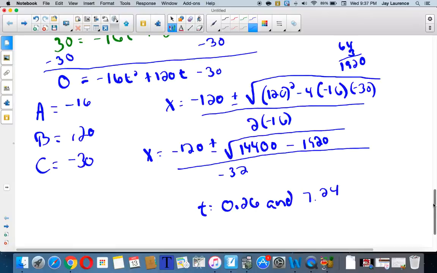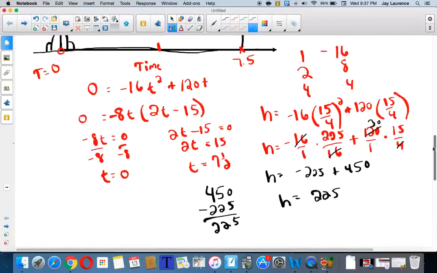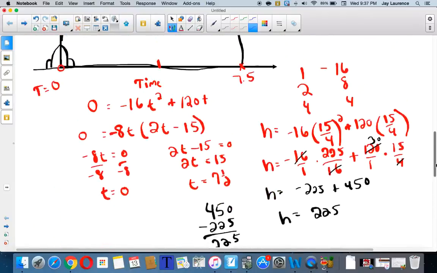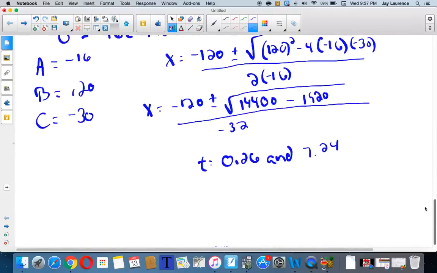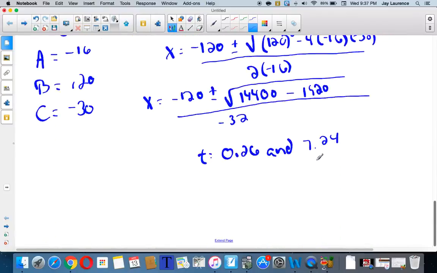Now, I just kind of happened to notice something there. It's supposed to take 7.5 seconds total, and what happens if I add those two together? I just happen to notice I got 7.5 seconds. I'm going to pay attention to that, see if that happens again.